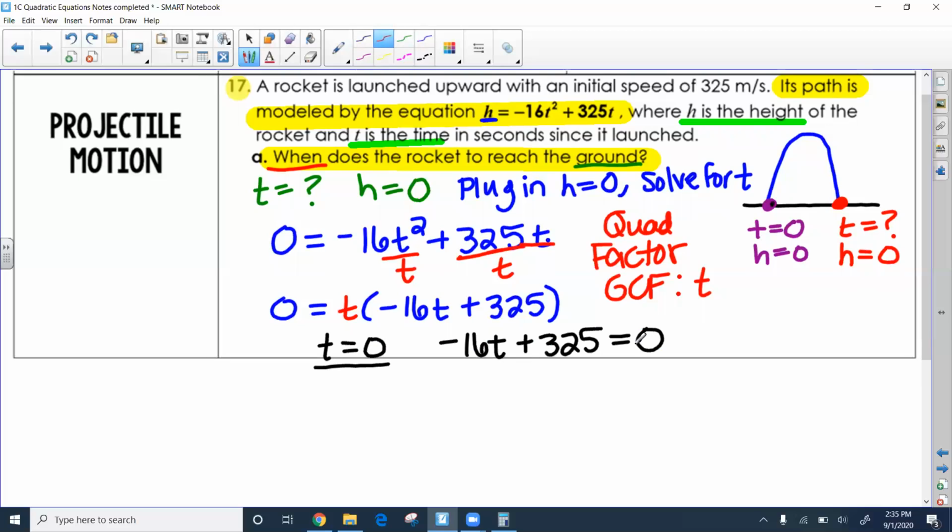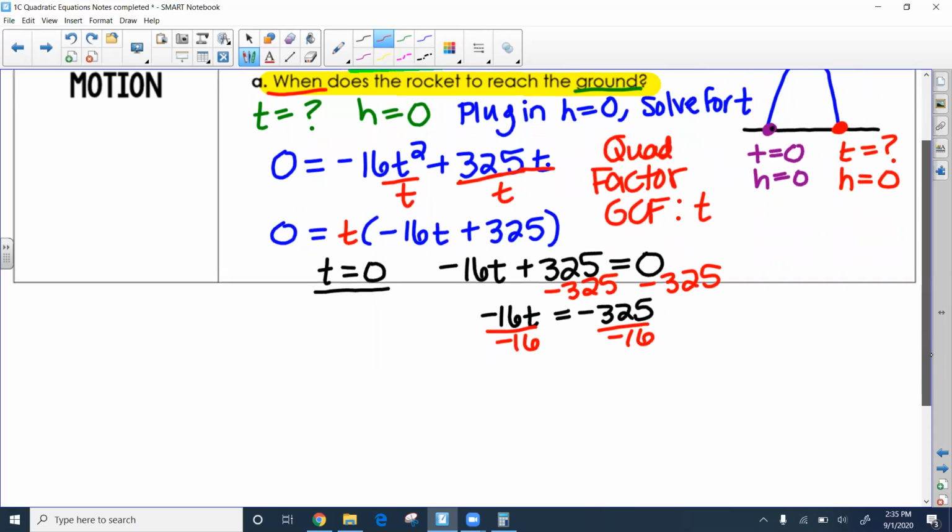Okay, so I still need to solve this equation. Now that this is a linear equation, I can just isolate the t. So if I'm trying to solve for t here, I would have to subtract 325. So then I'd have negative 16t equals negative 325. And then divide by negative 16, so then the t here would be by itself.